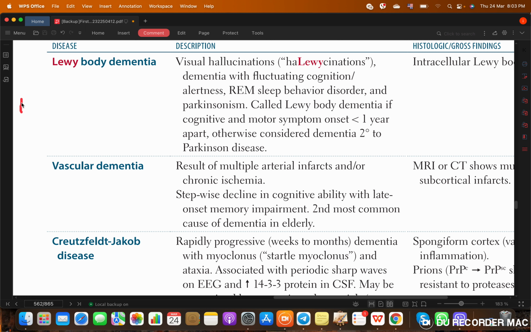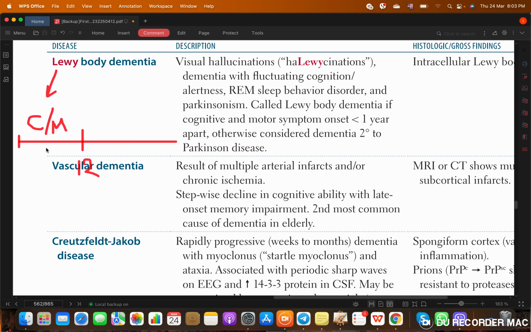Let me repeat what I just said. This is the initiation of the disease. This is 12 months. If you have both cognitive and motor symptoms occurring together, this is Lewy body dementia. End of the story, not difficult.